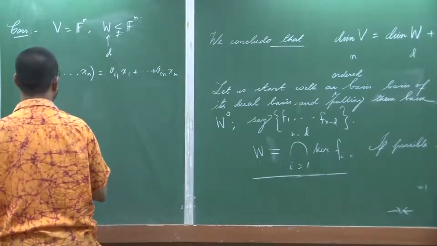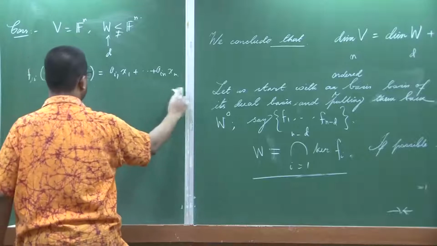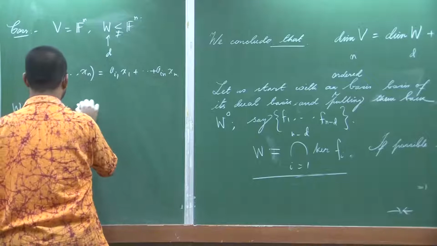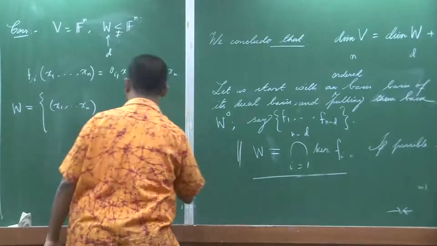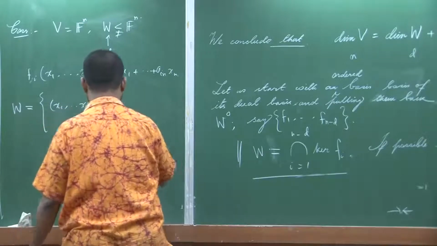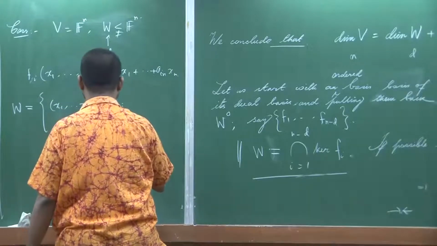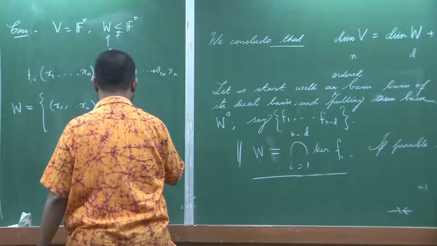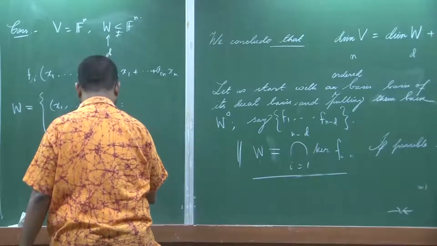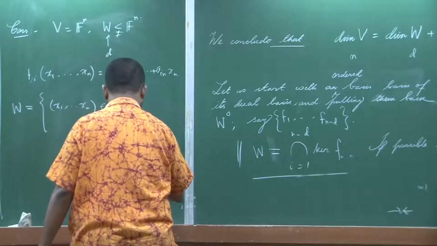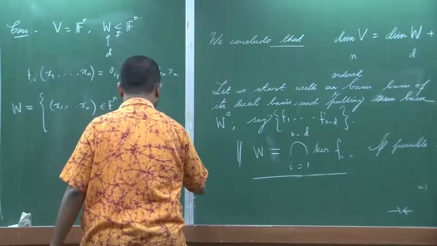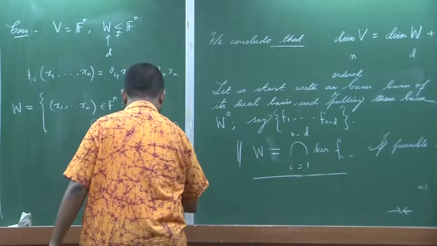Therefore, now that means W becomes the set of all points in Fn which satisfy the following: a11 x1 up to a1n xn, and so on, up to a(n minus d)1 up to a(n minus d)n equal to zero.